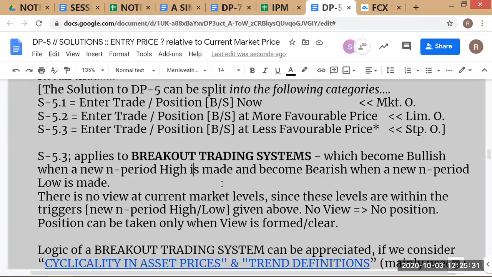So understand breakout. What is a breakout trading system? Very simple. Let me put a very simple definition.